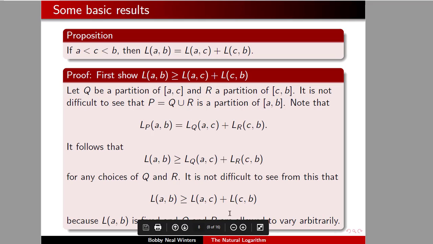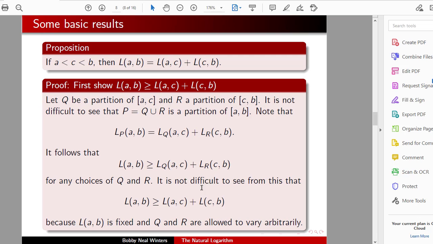All I have to do is let those vary, because my L of AB is fixed, and I can vary my LQ and LR.